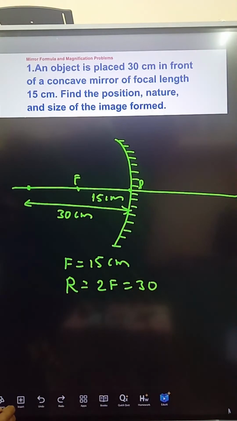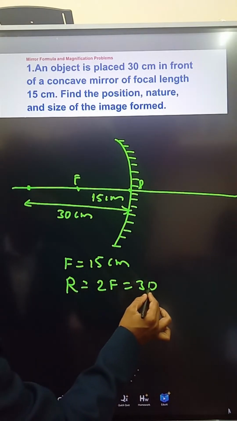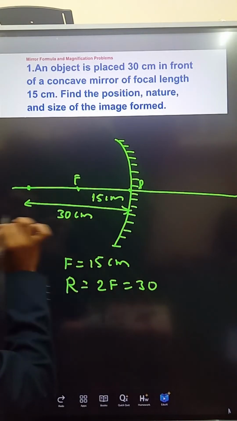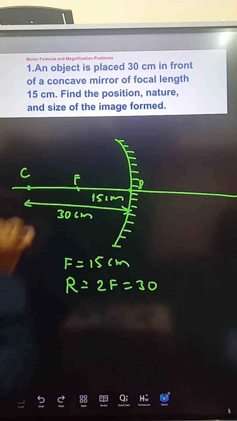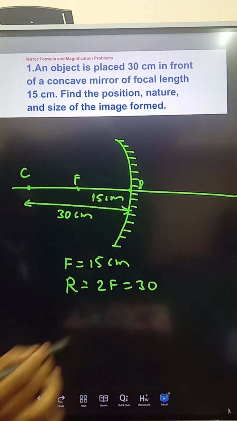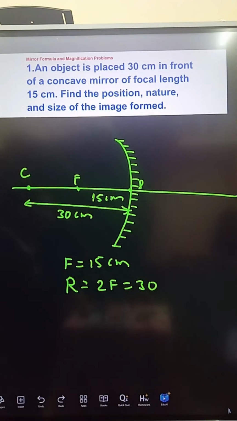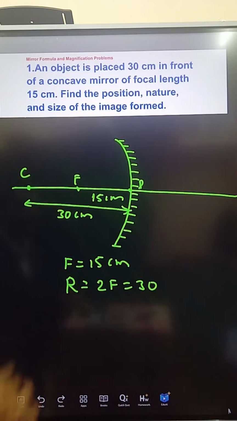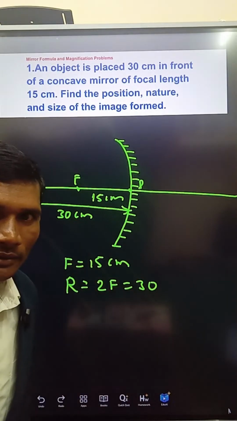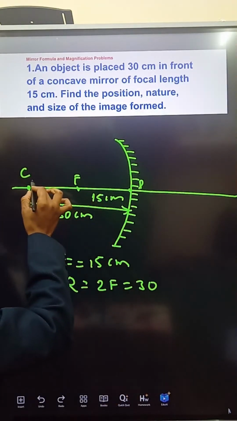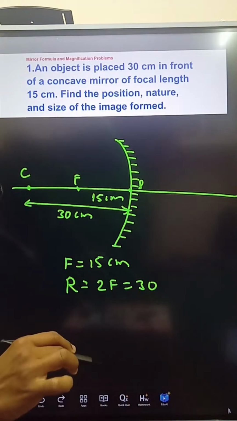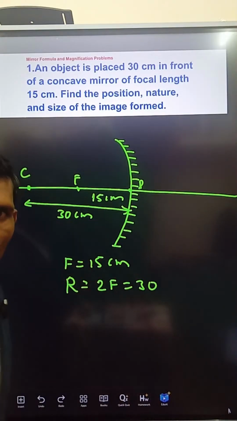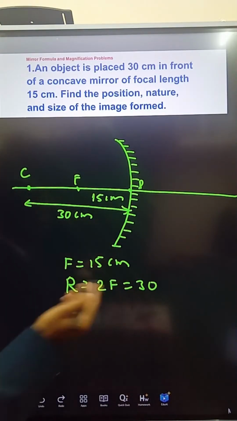The radius of curvature is 30, and the object distance is also 30, so this will be the center of curvature, right? You know that if the object is placed at C, the image will also be formed at C. If the object is at C, the image is also formed at C. Means if the object distance is 30 centimeter, the image distance will also be 30 centimeter.